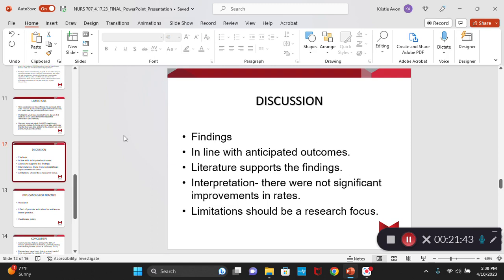But the literature supports the findings in that if you can get employees who are open to new evidence-based procedures and protocols, you usually have higher rates of engagement. So it wasn't surprising that the outcomes did not show a significant improvement in rates. And this is exactly why, for the future, limitations should be their research focus.